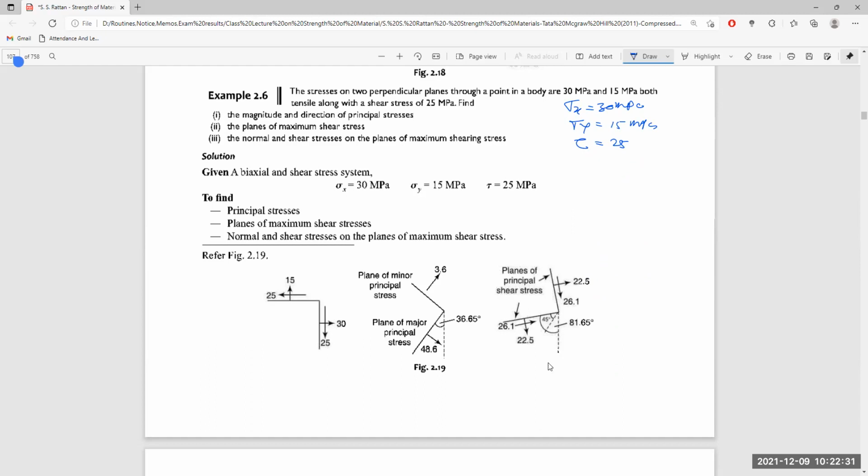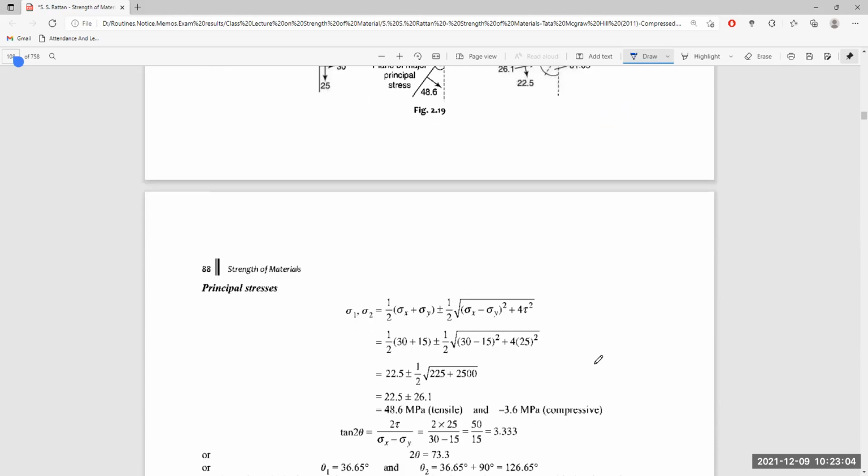Sigma x is shown here as 30, and 25 is the shear stress on this plane, and 15 is tensile in nature here, and 25 is the shear stress, anti-clockwise in nature. So the plane of minor principal stress and the plane of major principal stress, we draw it like this, and it can be achieved from this like this.